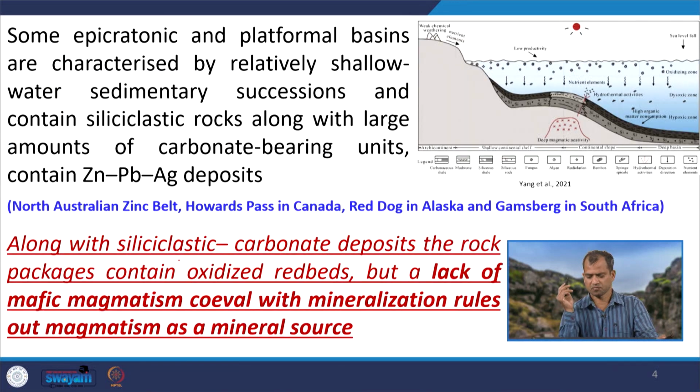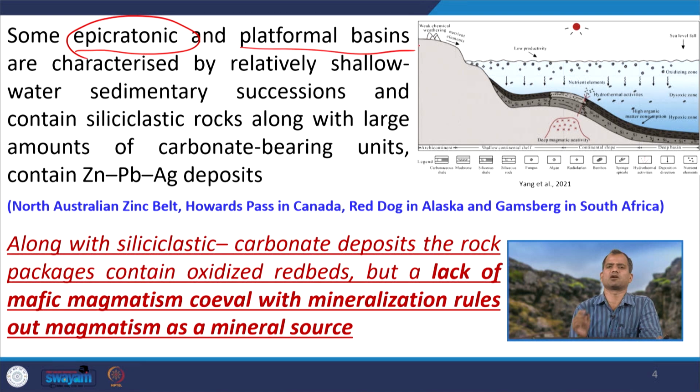And within that system, when we are creating or closing these basins, there will be some epicratonic basins and some platform basins, characterized by relatively shallow water sedimentation successions, which are siliciclastic rock and mostly carbonate bearing rock.